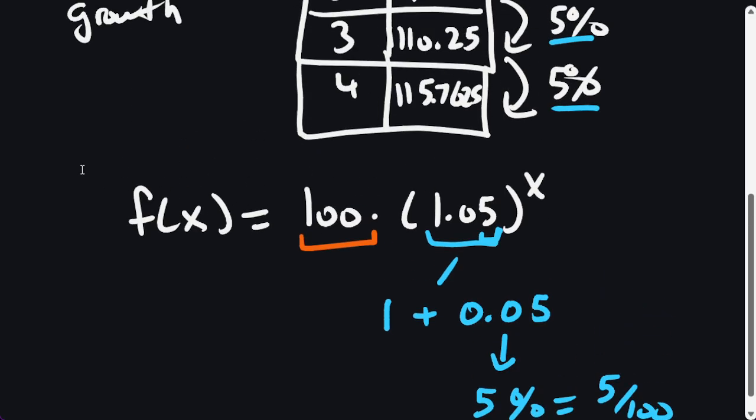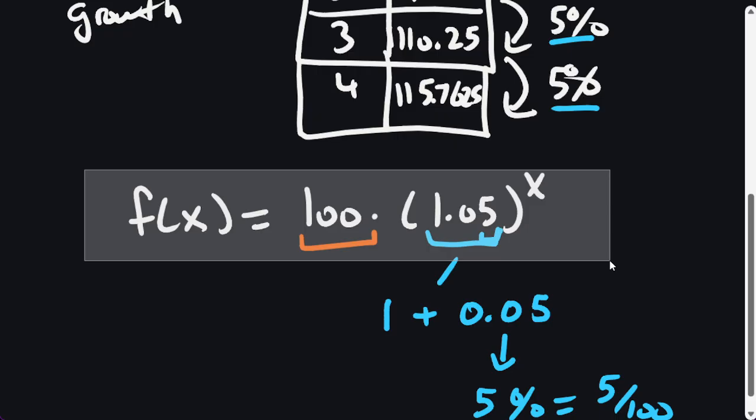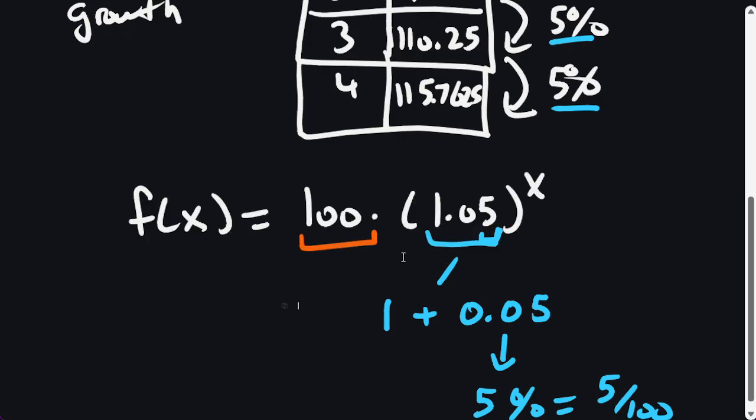So that's how we analyze this exponential function. F of x equals 100 times 1.05 to the power of x. And we can use this function to determine the population of this town in any year. All we have to do is input a year into x, and put it in this function, and we'll determine the population.